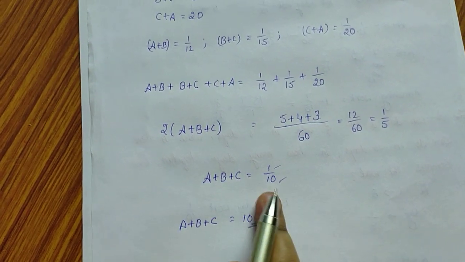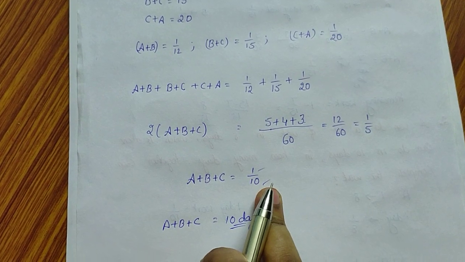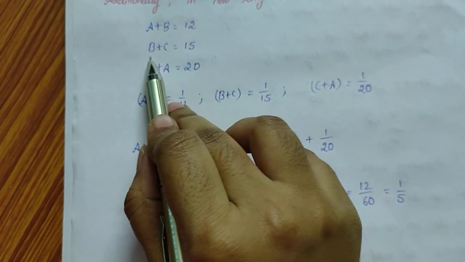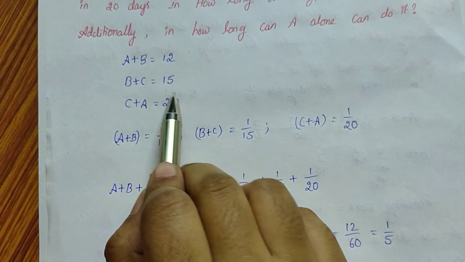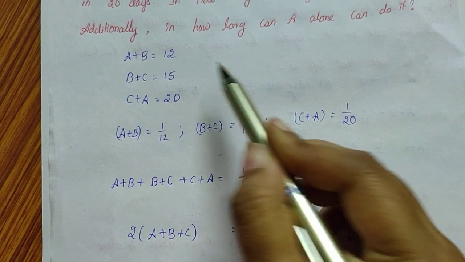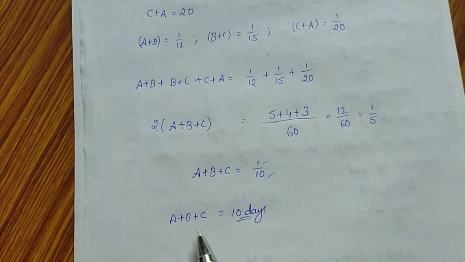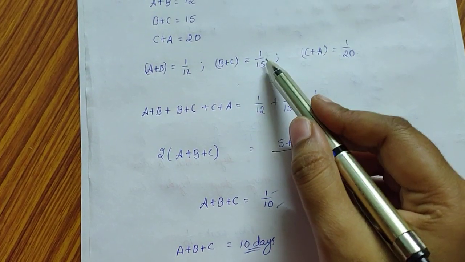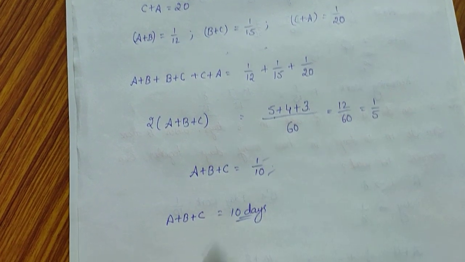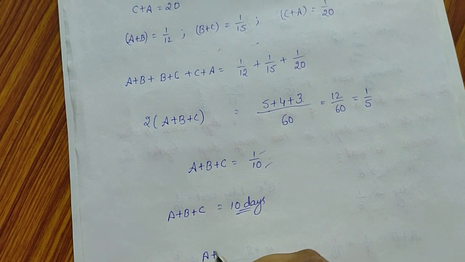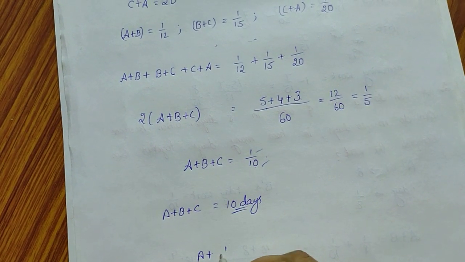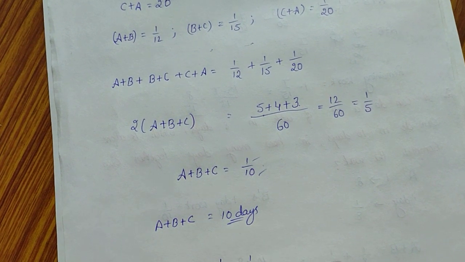A plus B plus C is 1 by 10. Here given that B plus C can together complete a work in 15 days. So we have to eliminate this 1 by 15 from the entire 1 by 10.